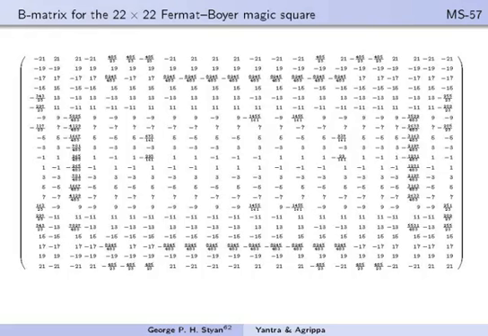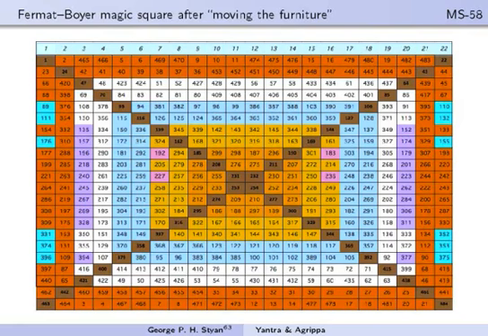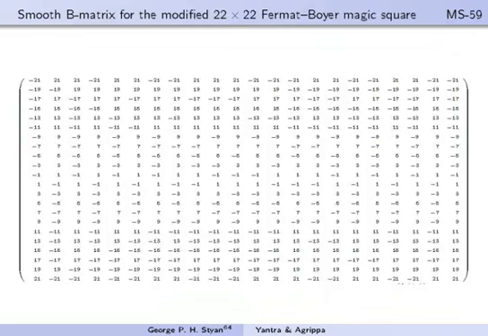But, using an expression I learnt from my colleague Sam Drury, we can move the furniture around a bit in this matrix, as you will see by the cells that are in dark blue and purple and red. We move those about and we get a beautiful, smooth B matrix.